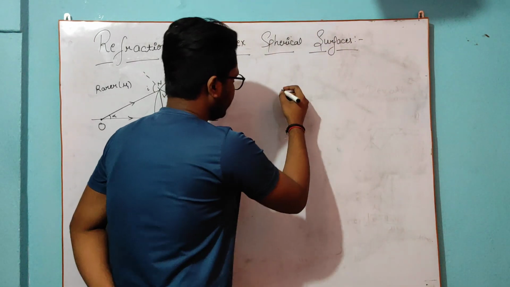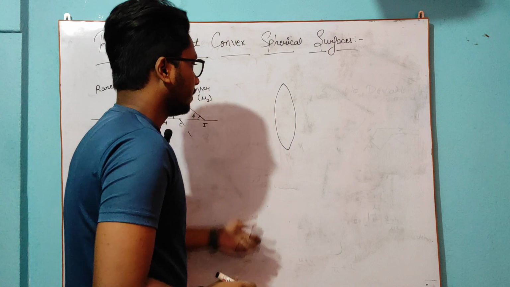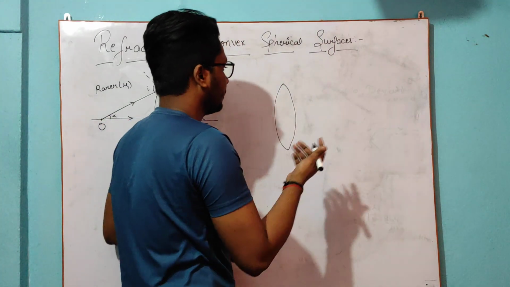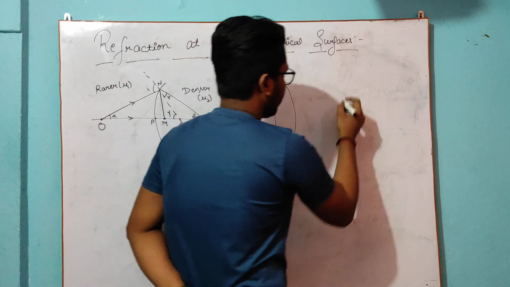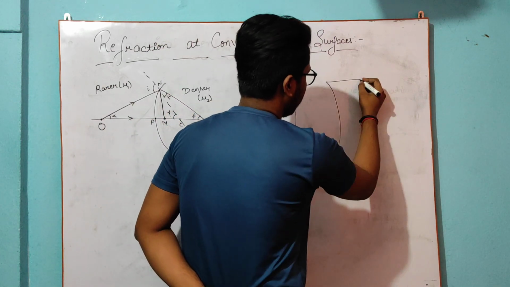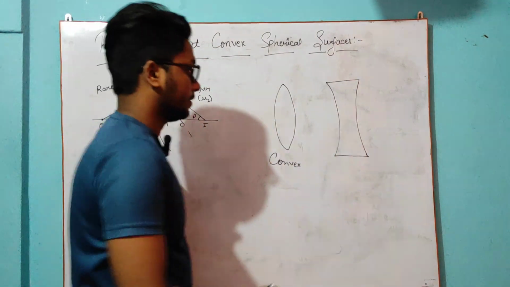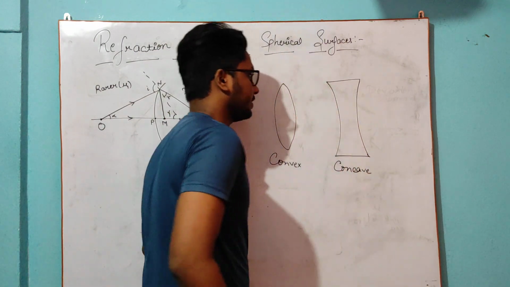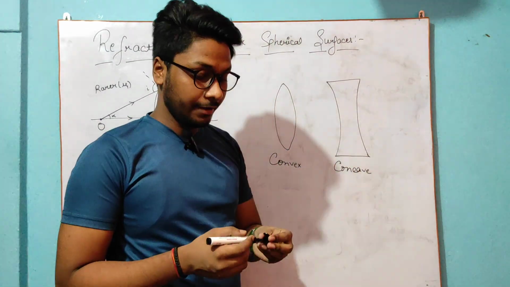This is a convex lens, in which the middle portion is wider while the edge portions are thinner. This is convex, and this is a concave lens, in which the middle portion is thinner and the edge portions are wider.